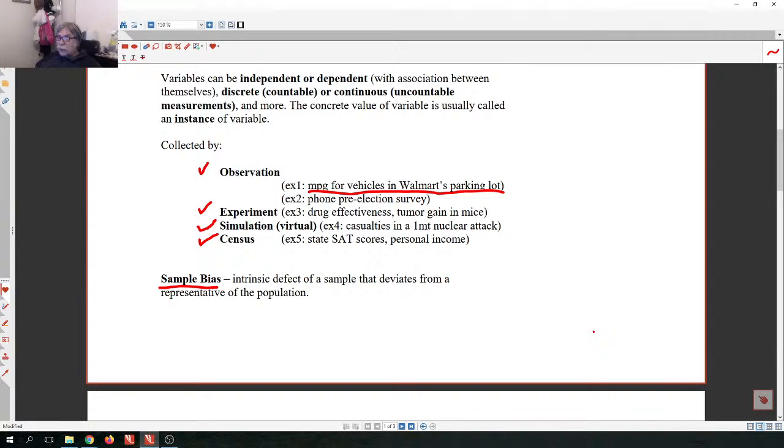We try to make it as close to representative of the population as possible, but in general we will always end up with some bias. We can actually measure that bias in statistics. That bias can be numerically measured, and there is a way to do that, but this is not going to be a topic of our course.